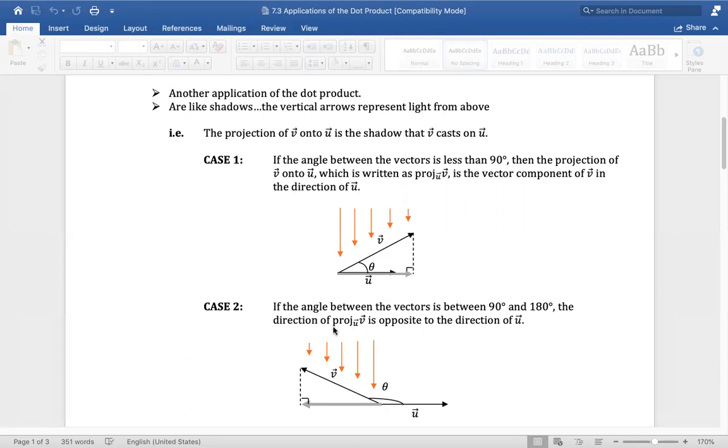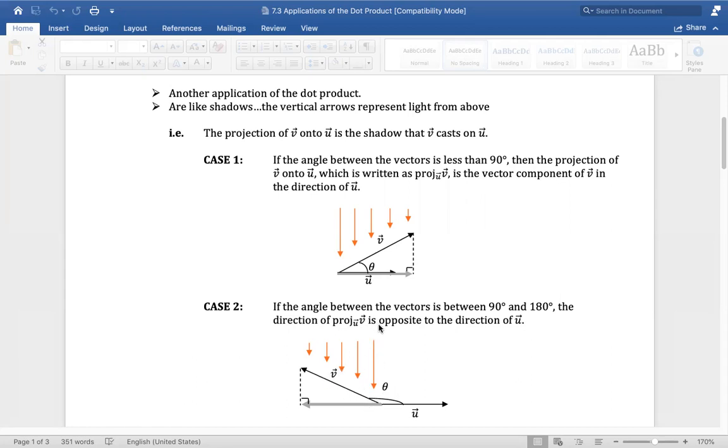Whereas with case number two, if the angle between the two vectors is between 90 and 180, as you see here, and it's only up to 180, that's all we're looking at in these cases. The direction of the projection of V onto U can't directly be projected onto U if it's going past 90 degrees.